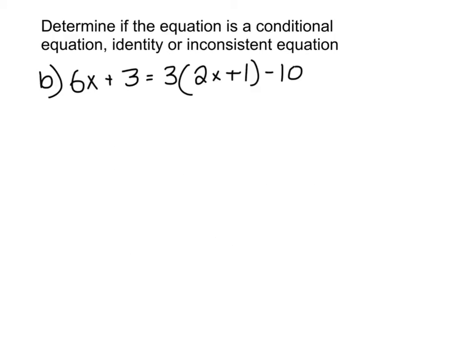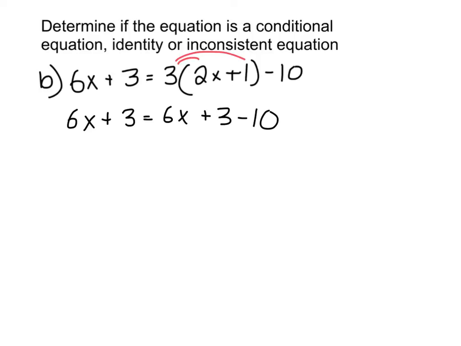Conditional. Let's go on to the next example. We have 6x plus 3 equals 3 times 2x plus 1 minus 10. The first thing I'm going to do is distribute this 3. I'm going to rewrite the left-hand side, 6x plus 3, and then distribute the 3. 3 times 2x is 6x, and 3 times 1 is 3.